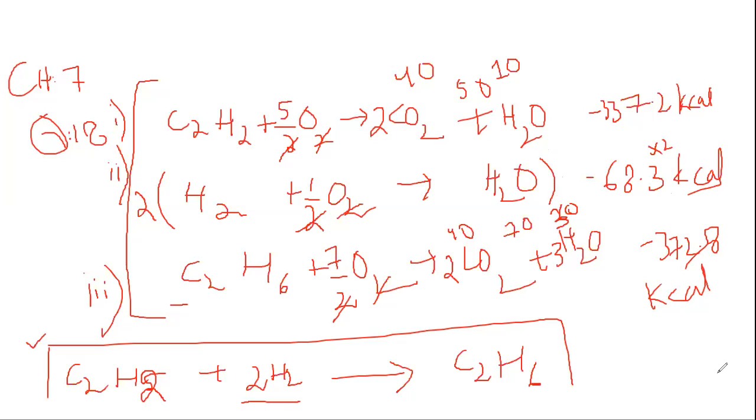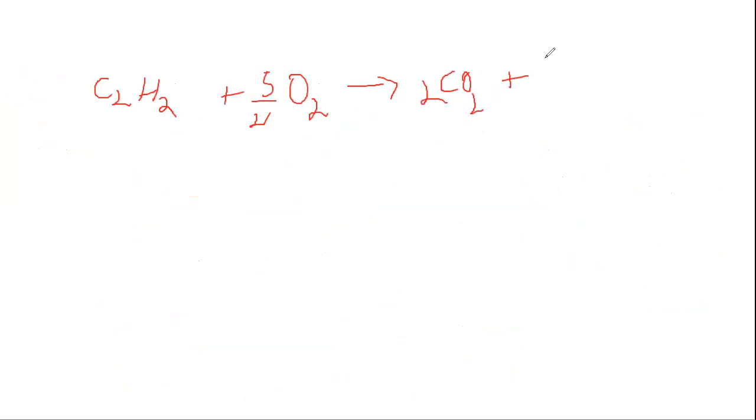So first I am writing equation number 1, then I will write equation number 2 with the multiplication. First equation is C2H2 gas plus 5 by 2 moles of oxygen, also a gas, and the products are 2 moles of carbon dioxide gas plus 1 mole of water as steam, as a gas. Enthalpy change is minus 337.2 kilocalories.